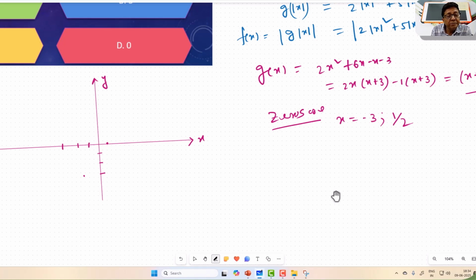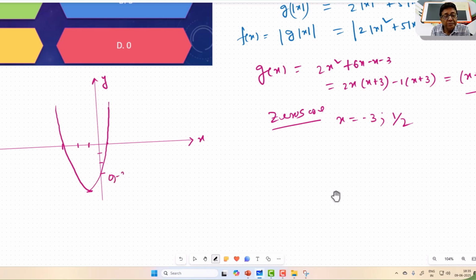The graph might have a vertex somewhere like this. The vertex we can get also, but that part I am not going to cover now. This part is parabolic, and this whole parabola is almost like this.